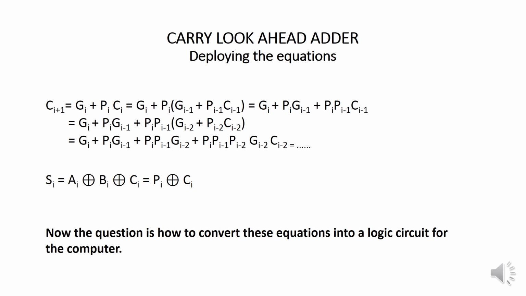Note that if you continue this unrolling process till you reach C0, in the last term you will be containing the product of all the p's. And for the third step, if we unroll the expression for the sum, we have the sum equal to P exclusive or C. Now, the question is how to convert these equations into a logic circuit for the computer.